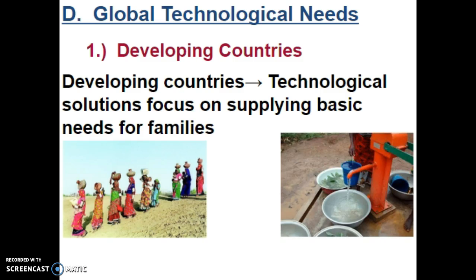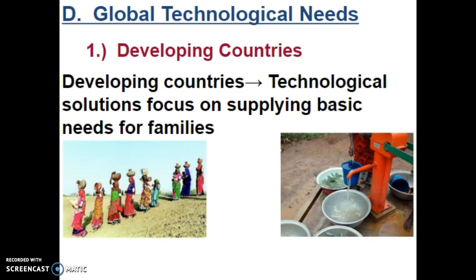When we take a look at technology needs in a global perspective, developing countries. These are countries that are sometimes called third world countries, places in Africa and certain rural places in India and Asia. These people will use technology solutions to focus on supplying basic needs, clean water, for example.